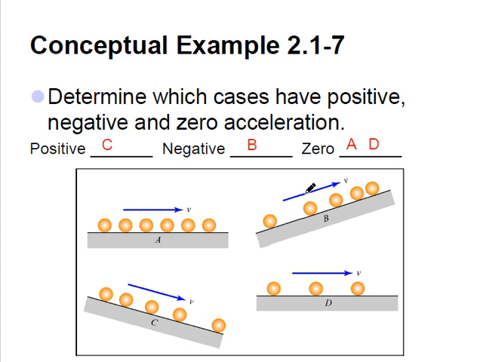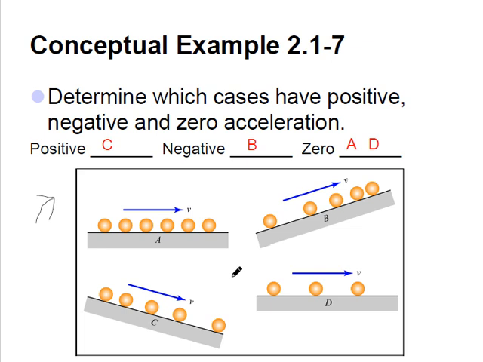So in this example, what you're trying to do is find out which case has a positive, negative, and 0 acceleration. Sorry, I went to drink some water. So positive acceleration means that your velocity is increasing in the direction of your motion. Your motion direction is indicated by this blue arrow, so you have to find in that direction which velocity is increasing.